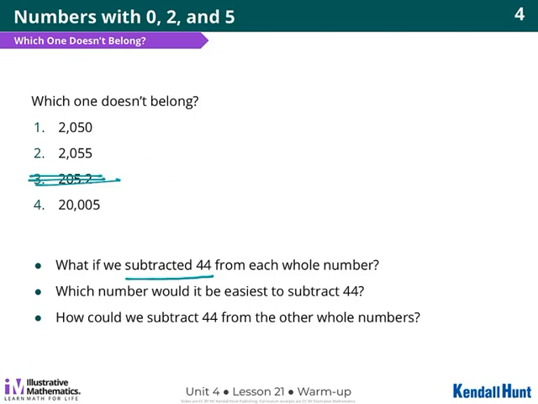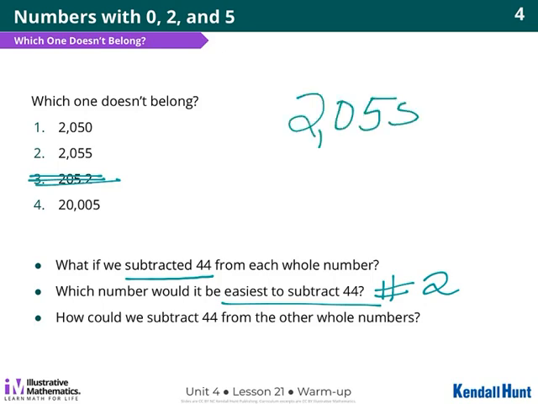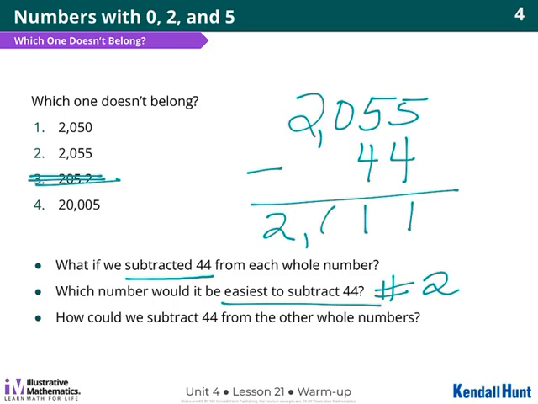I think number 2 on yours would be the easiest to subtract because 55 minus 44, if you count by 11s, it would just be 11. Yeah, those are math facts that we should know, right? Those are the kind of numbers that are easier to work with.